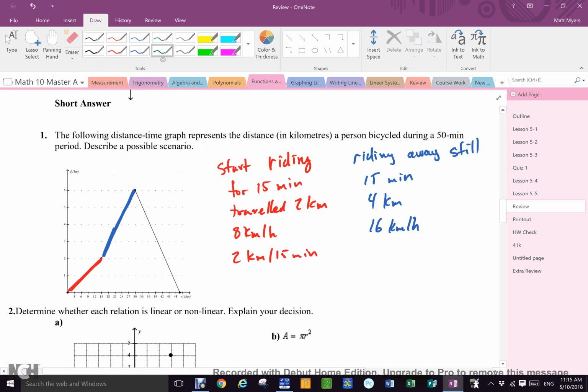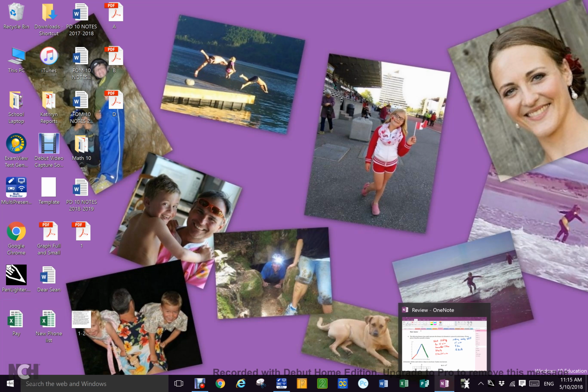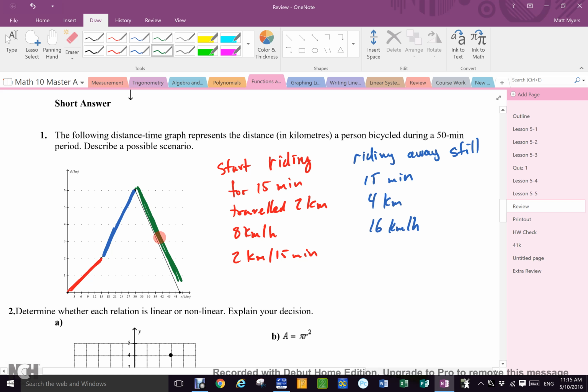And finally, what happened here? No, he did not fall off a cliff. This is not a drawing of what happened. He did not ride his bike up a cliff and fall off. So what is it? He went home. That gets you 1.